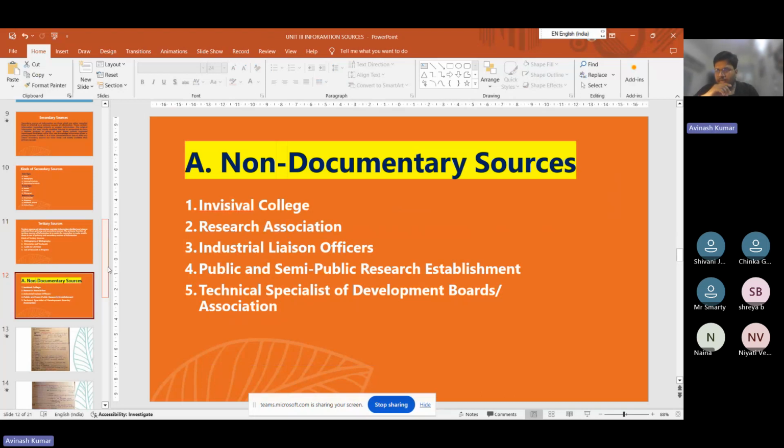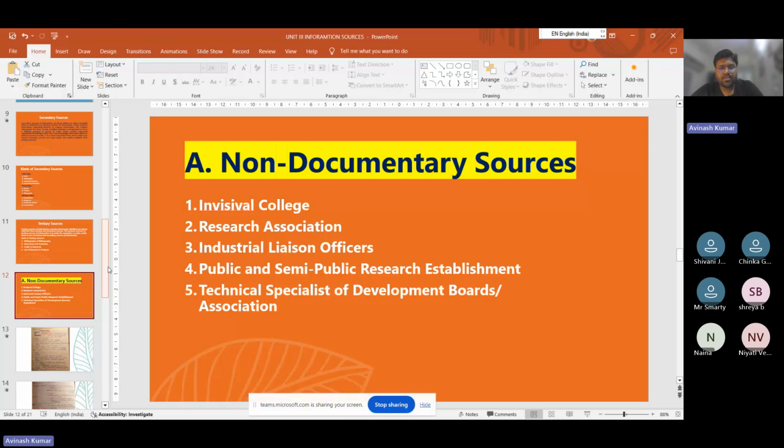I will not discuss each one individually. You can take a screenshot and find them in your book. Whatever is provided, write it down in your notebook so that you can revise for your examinations.